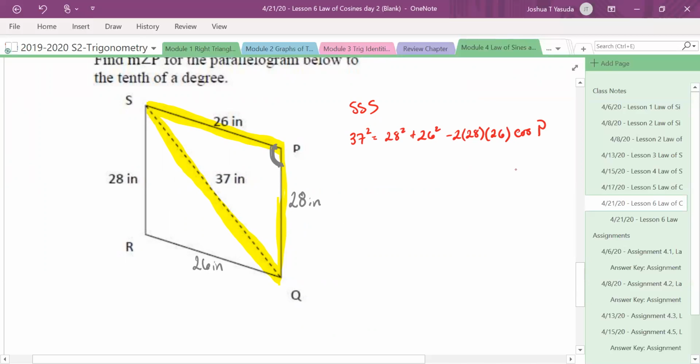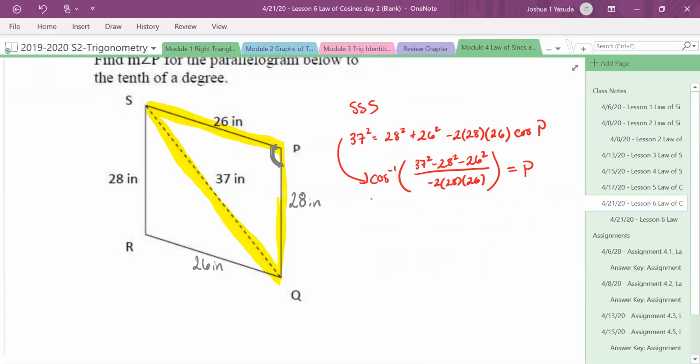If you've done it enough, you already know that you're going to end up doing the inverse cosine of 37 squared minus 28 squared minus 26 squared all over negative 2 times 28 times 26. I'm comfortable with you moving from here to here in that step by just showing what's going in.